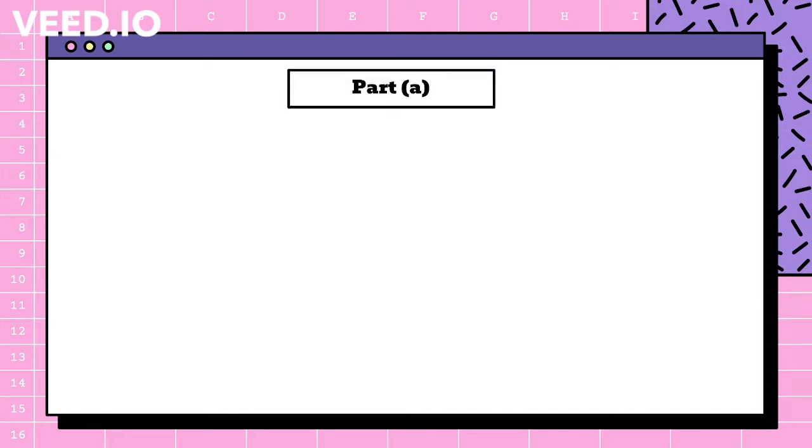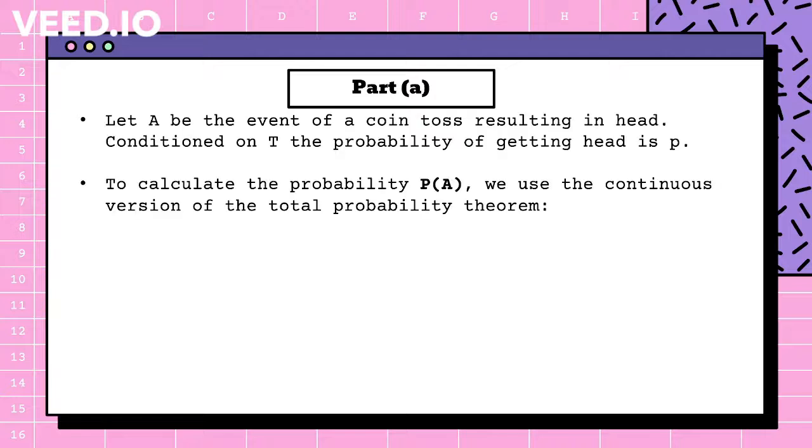Now we shall go through part A, where we have to find the probability when the coin toss is head. I have assumed the event to be A. If we condition this event on T, the random variable, the probability of getting head is p. To calculate the probability P(A), we shall use the continuous version of the total probability theorem, which is basically an extension to the continuous distribution. The formula is below.